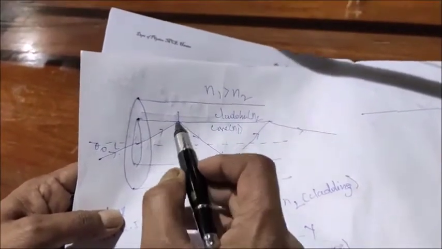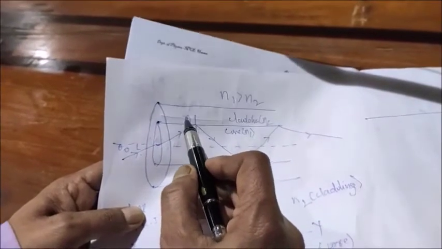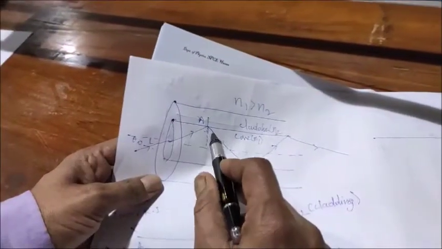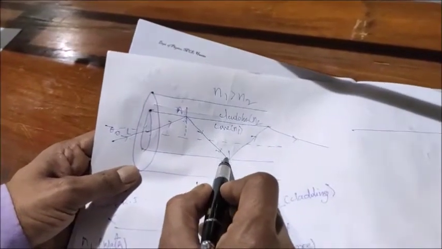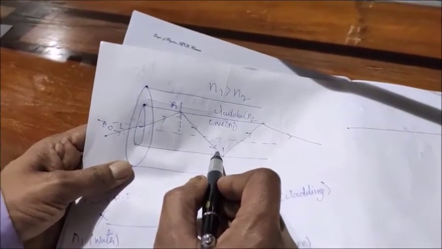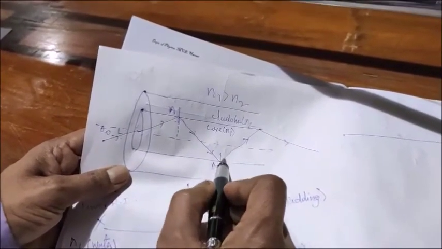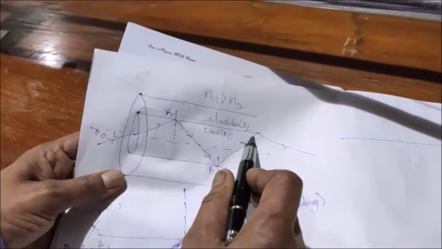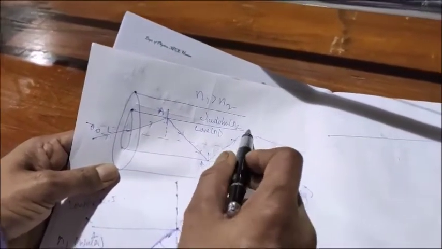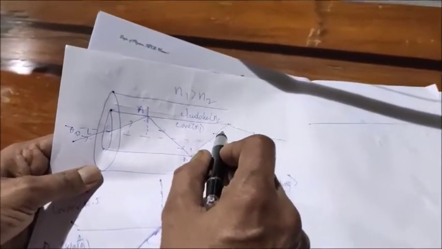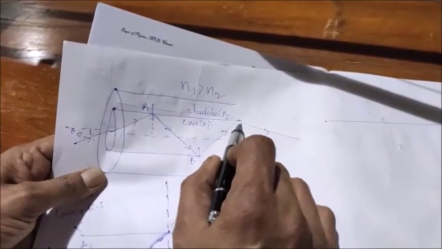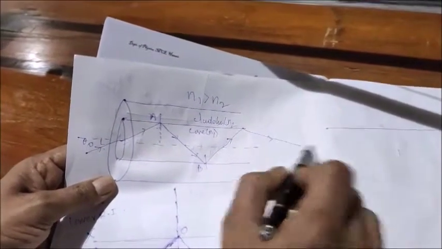The incident ray at point O or A is reflected back into the core medium itself, since it is incident at an angle theta greater than the critical angle. Like that, a number of total internal reflections take place at the separation of the core and cladding medium. Finally, the rays emerge out at the other end.